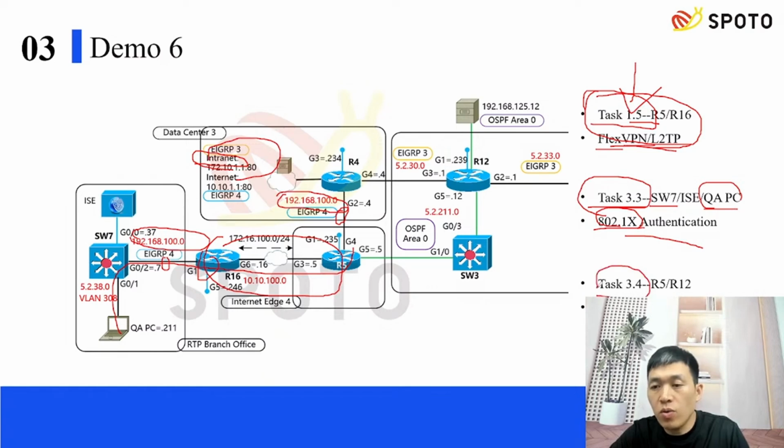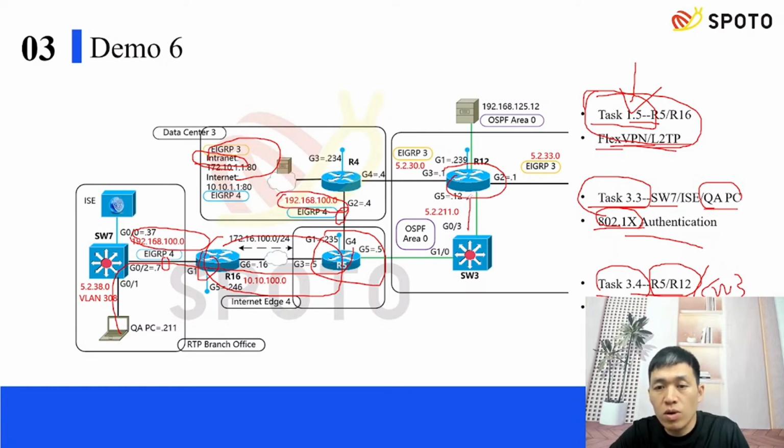And task 3.4 is about dynamic ARP inspection, and it's almost the same as the task in the last version. Still configured on switch 3, between router 5 and router 12. Here there is another difference.